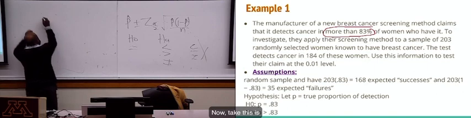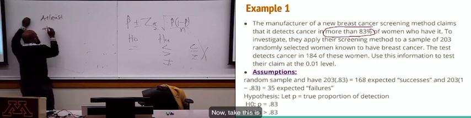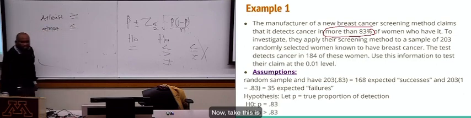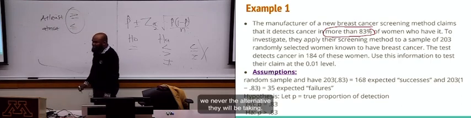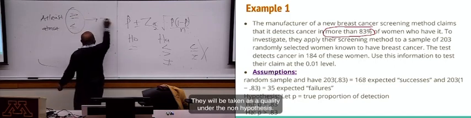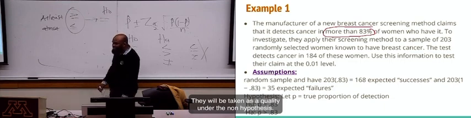Now take a look at this. At least, at most, this is this, and this is this. Anything like this will never come under the alternative. They will be taken as equality under the null hypothesis.